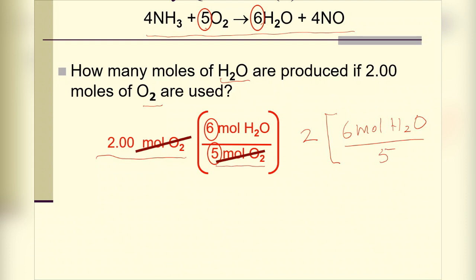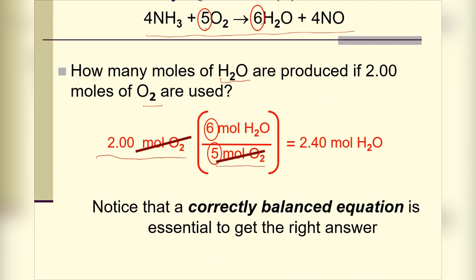So what we get now? 2.40 mole of H2O. Same answer like we did in our previous method. 6 and 2 multiply together, divide by 5, you got 2.40 mole. Clear?